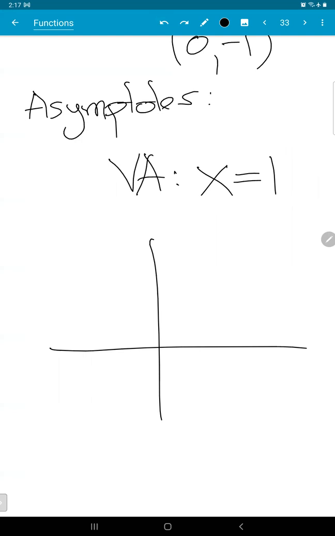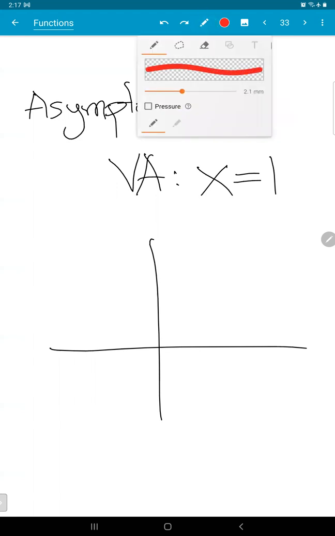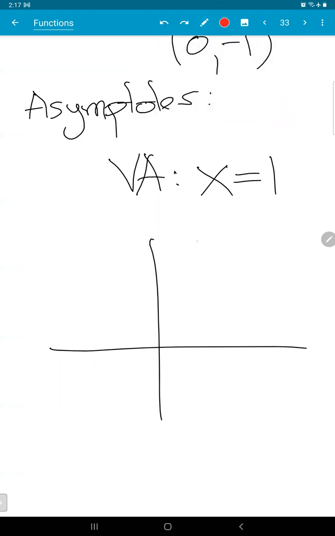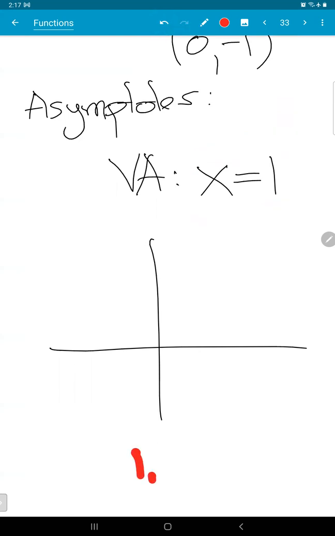If you try to plot all the points that satisfy x equals 1, just a review, you can give points that satisfy this equation. Like you have (0, 1). Sorry, it's the other way around, (1, 0).